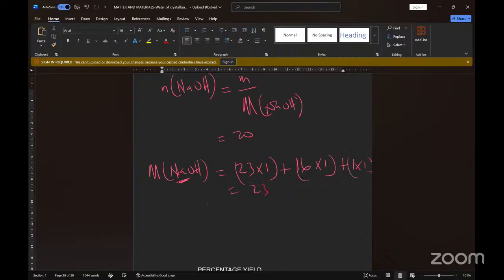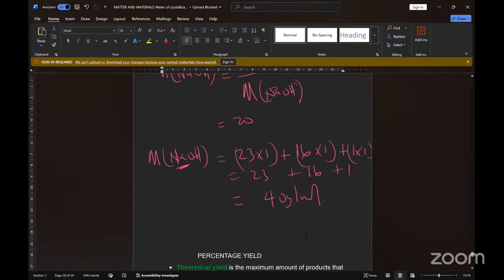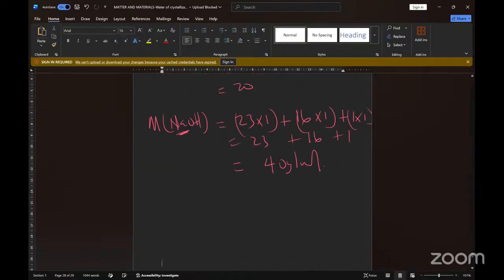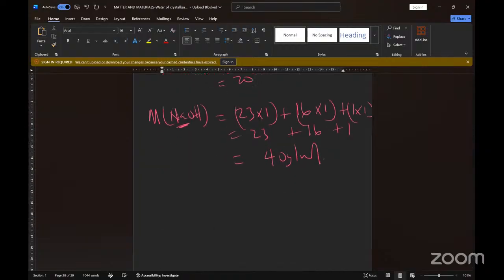So this is 23 plus 16 plus 1. And this gives us 40 gram per mole. So to calculate the number of moles, you are going to say the number of moles of sodium hydroxide is going to be equal to this 20 grams that was stated in the question.